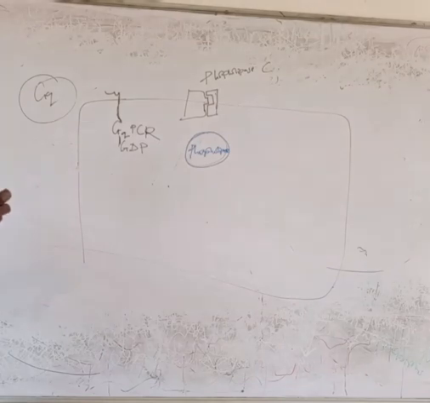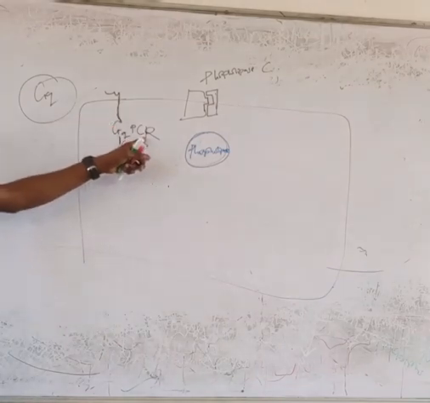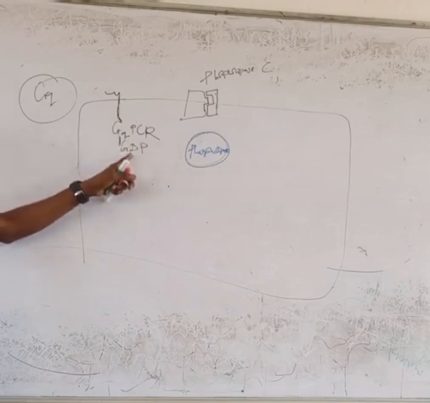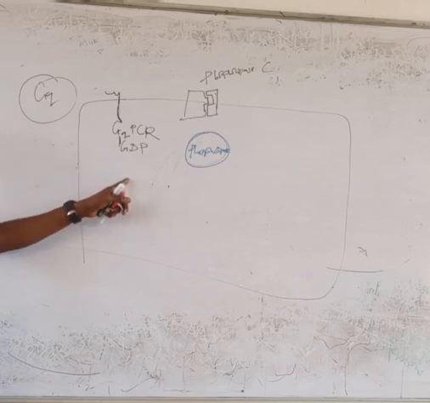So the Gq coupled protein receptor is coupled with the GTP. That is why it is called the Gq coupled protein receptor.